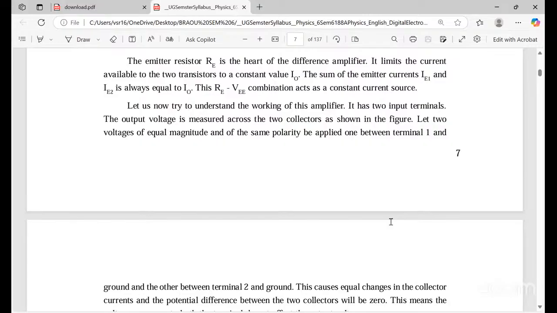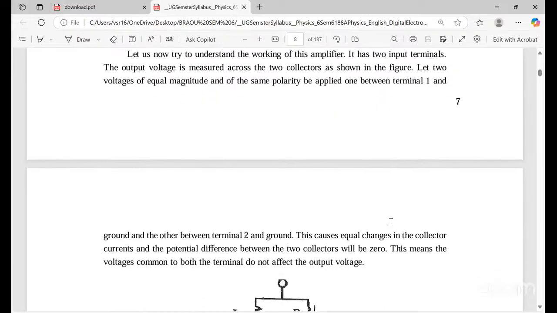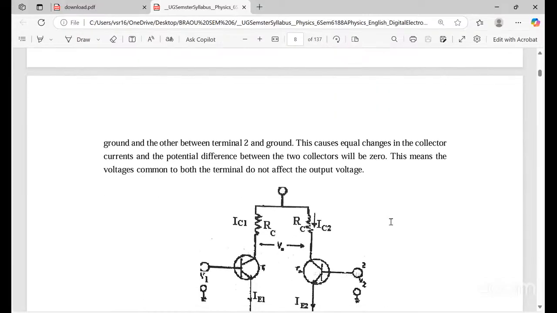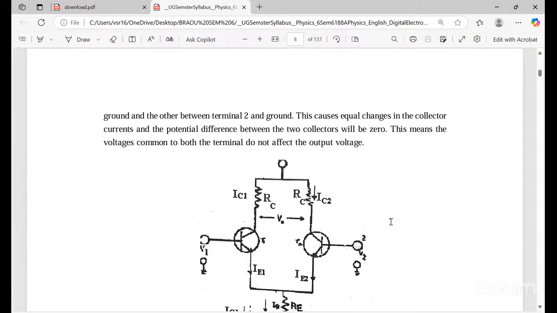Let voltages of equal magnitude and the same polarity be applied between terminal 1 and the ground. Here is the ground. This is V1, and this is V2, with another ground. This is the first one, this is the second one. This is transistor T1 and this is transistor T2. This is the RC value, and this is also RC. In the collector region you have the resistor RC.